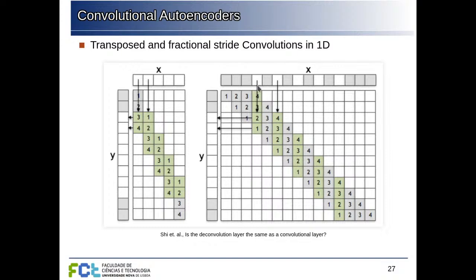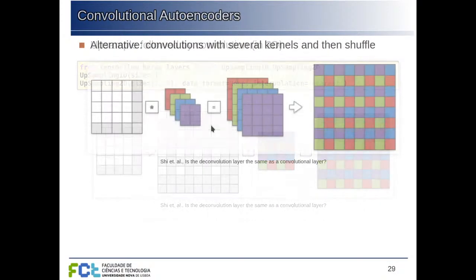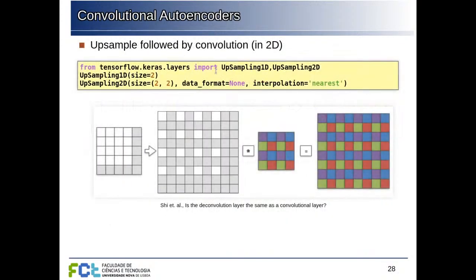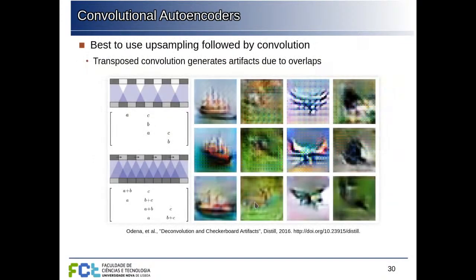And the same thing here, when we consider that all these are padded at 0, we get some pixels or some elements of the output that will have larger, more intense values than others. And this creates these kinds of artifacts when we go back into the higher resolution images. Whereas if we do some interpolation with, for example, nearest neighbor and then convolution, we avoid these overlapping fields, and we avoid that kind of artifacts.